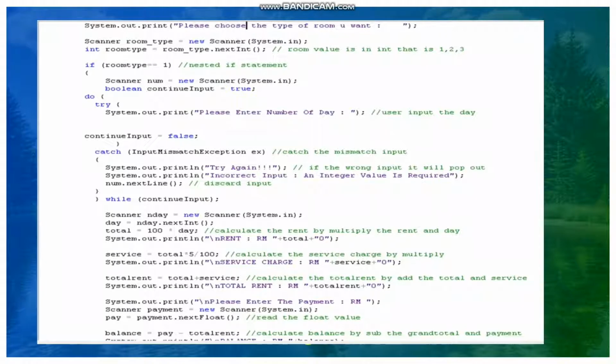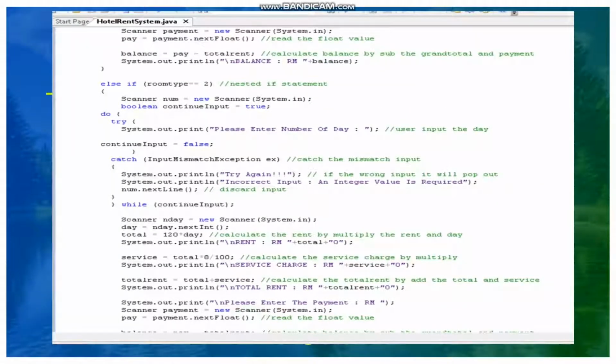Next, totalRent equal to total plus service, to calculate the total rent by adding the total and service. Next is pay equal to payment.nextFloat, to read the float value. Balance equal to pay minus totalRent calculates the balance by subtracting the grand total and the payment.